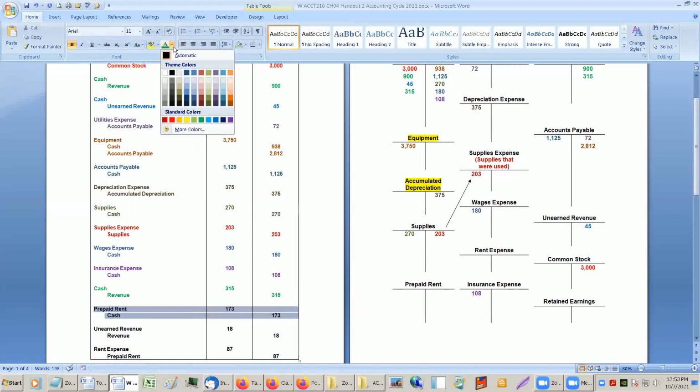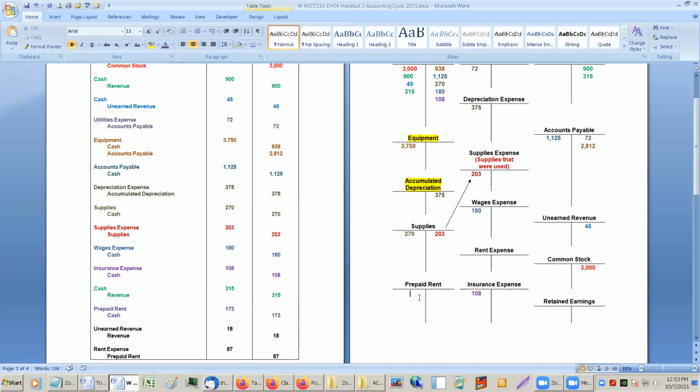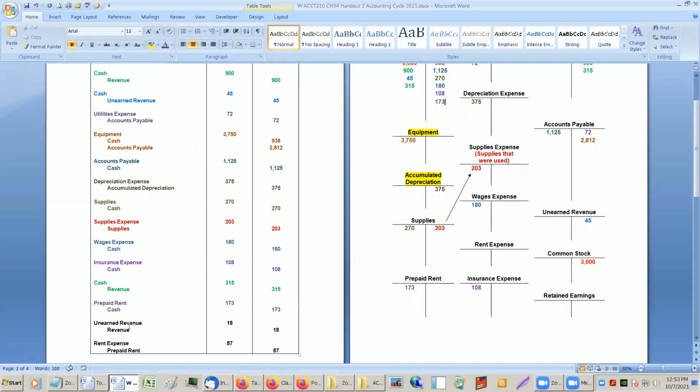Prepaid rent. Okay, unearned revenue. The liability.